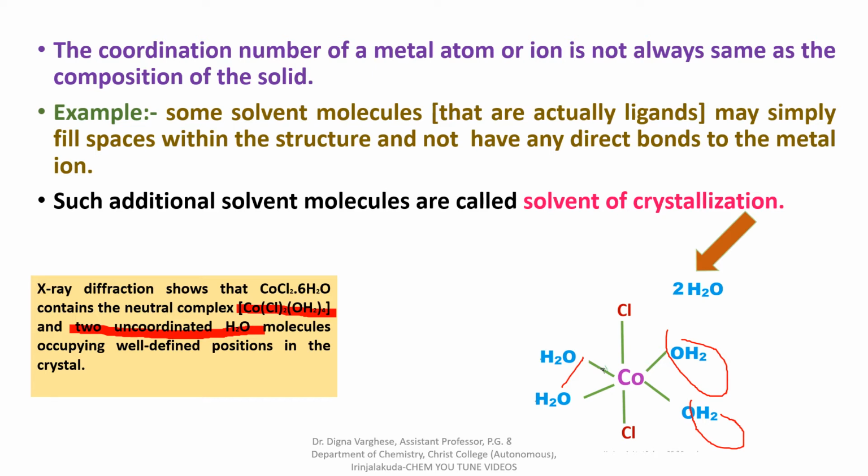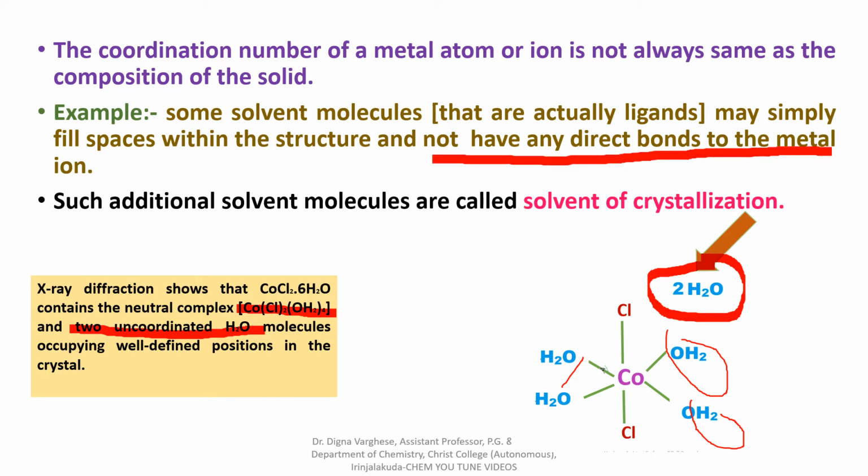So single crystal X-ray diffraction shows the composition of the solid that is different from the coordination number of the metal ion. So such solvent molecules that do not have any direct bonds to the central metal ion are known as solvent of crystallization.